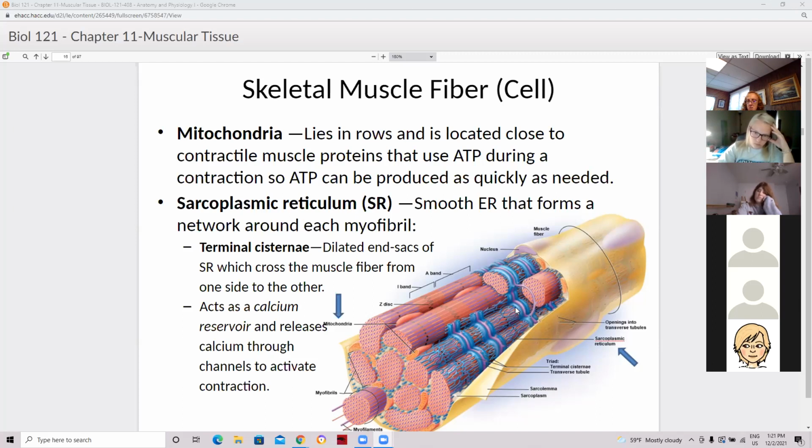The terminal cisternae are the ends. The sarcoplasmic reticulum acts as a calcium reservoir and releases calcium through channels to activate contraction.